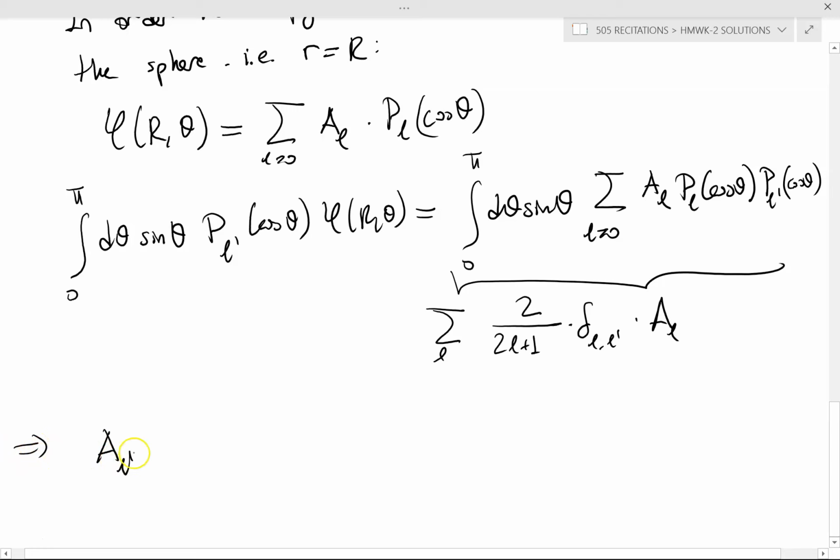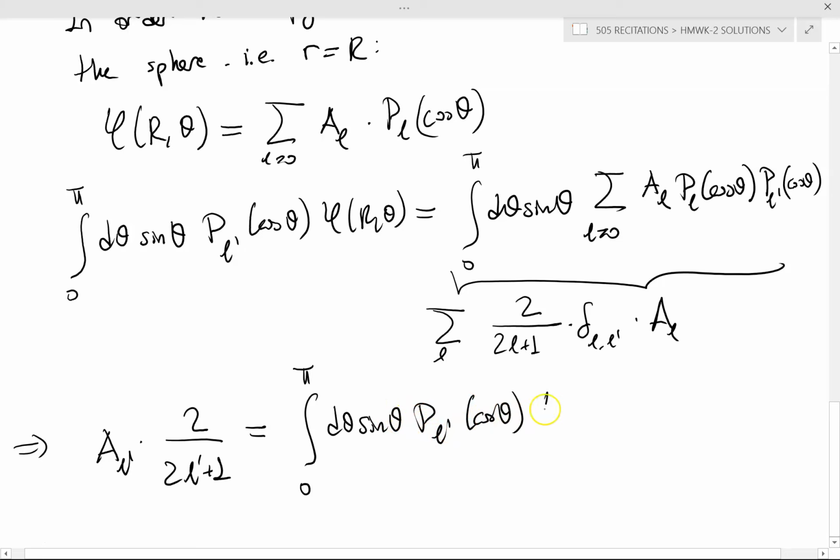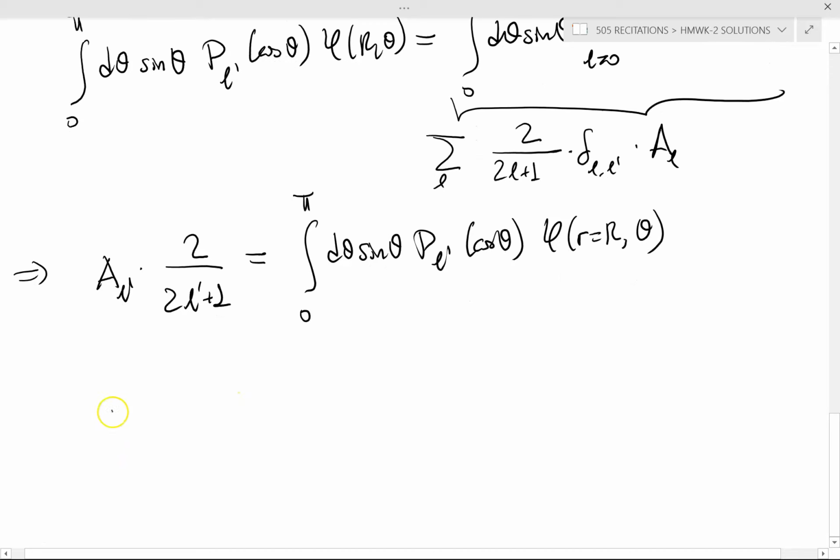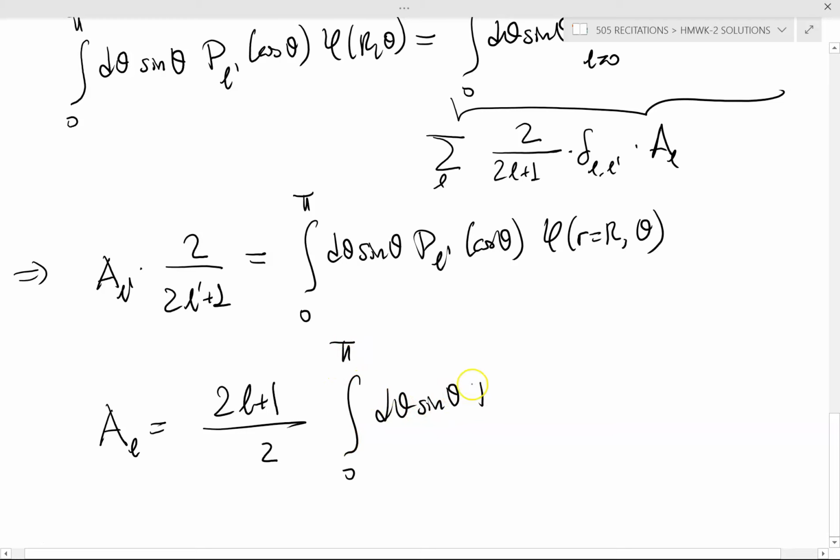This was the whole process, which means that A_L prime times 2 divided by 2L prime plus 1 is equal to the integral from 0 to pi d theta sine theta P_L prime cosine theta psi(R, theta), which means that A_L is nothing but (2L plus 1) divided by 2 times the integral from 0 to pi d theta sine theta P_L cosine theta psi(R, theta).